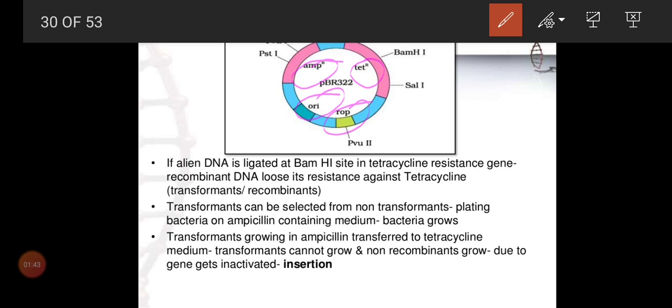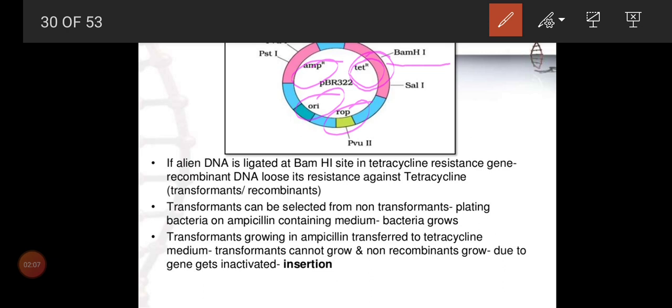Inside means it is not present inside. Even the BamHI, when we cut this restriction site, obviously this tetracycline resistant gene also will be removed. Why? The tetracycline resistant gene is located in the BamHI restriction site only.